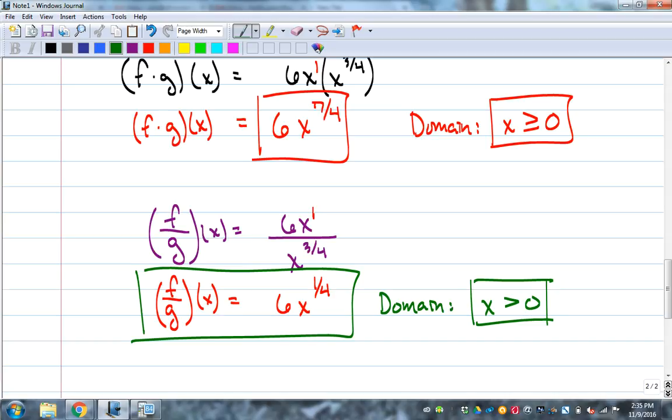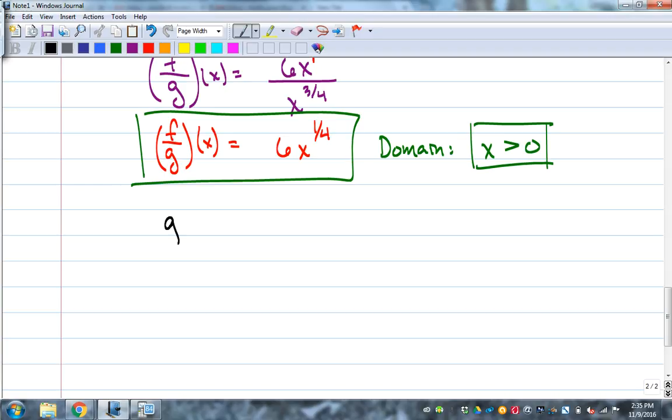Let's look at same two functions. Let's do g divided by f. So all that does is just flip it over, right? X to the 3/4 over 6x.